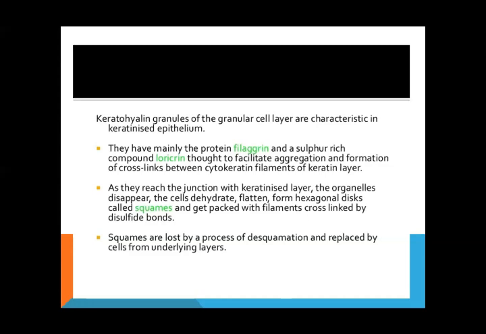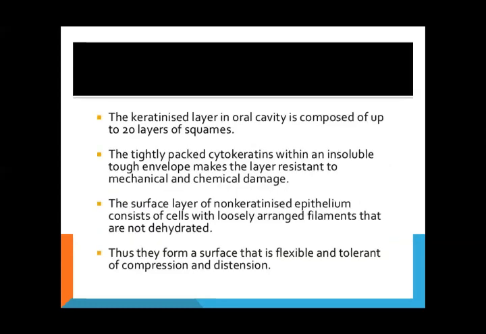Squames are lost by a process of desquamation and replaced by cells from underlying layers. The keratinized layer in the oral cavity is composed of up to 20 layers of squames. The tightly packed cytokeratins within an insoluble, tough envelope make the layer resistant to mechanical and chemical damage.